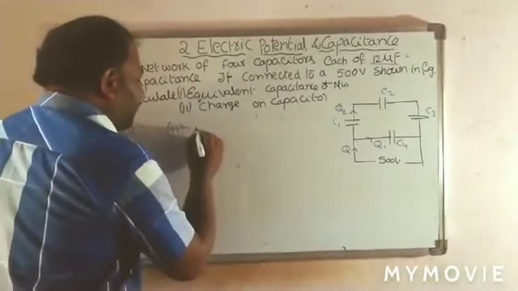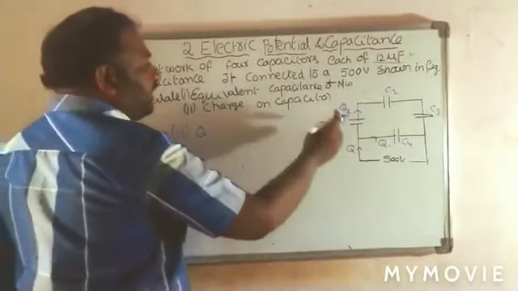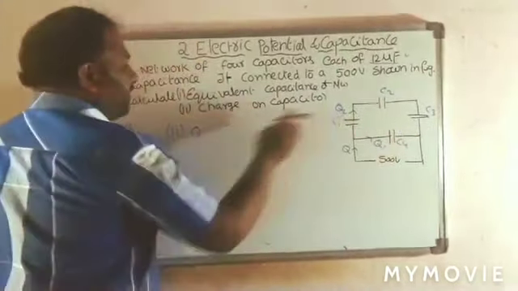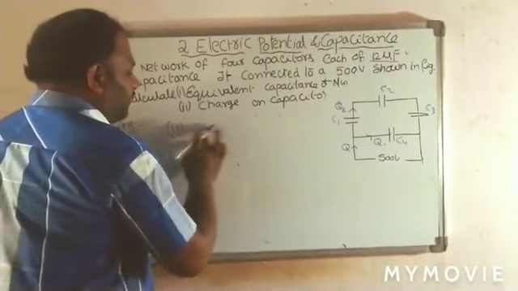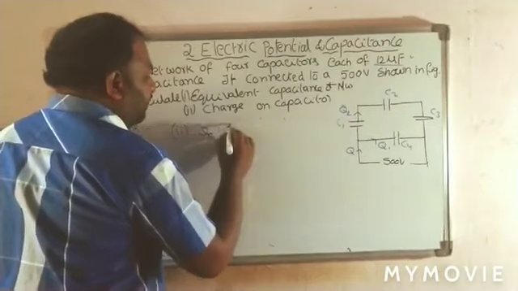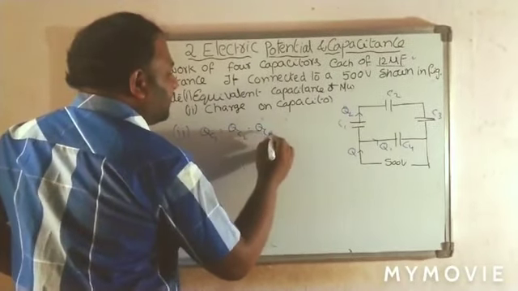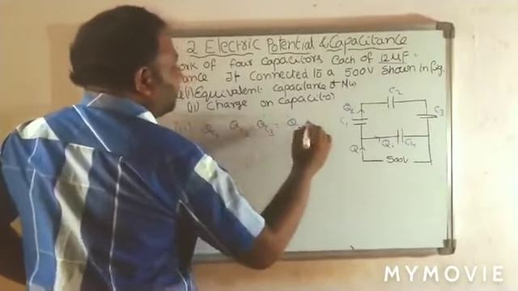Now we are going to calculate the charge in C1, C2 and C3. All are constant, so we take the charge in C1 equal to the charge in C2 equal to the charge in C3 equal to Q2.